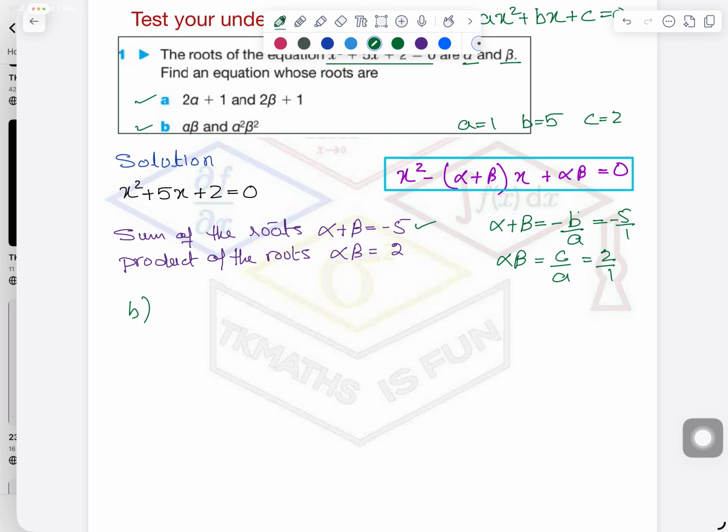We have to find a quadratic equation which has roots alpha beta and alpha square beta square. So for the sum of the roots, I will add them up.